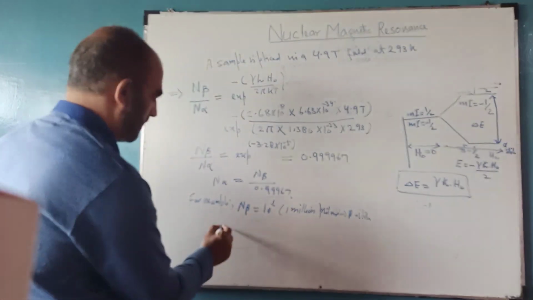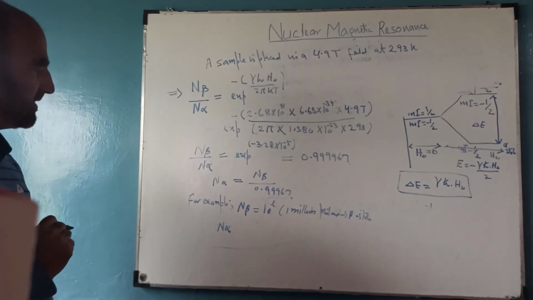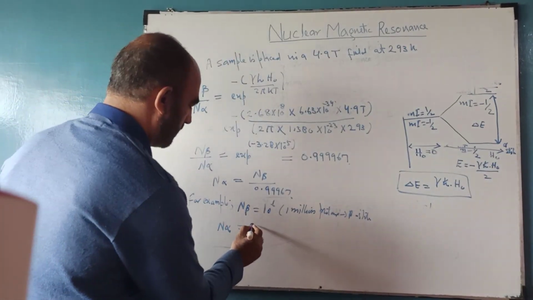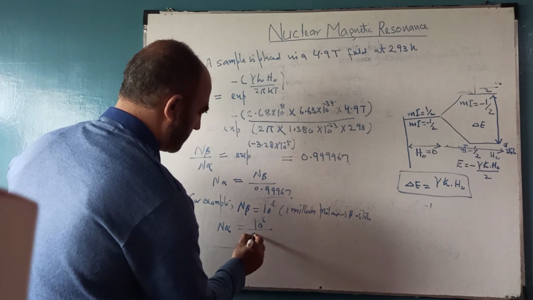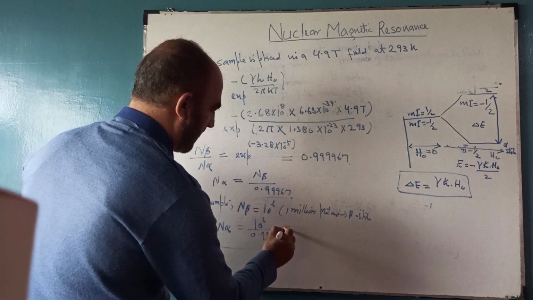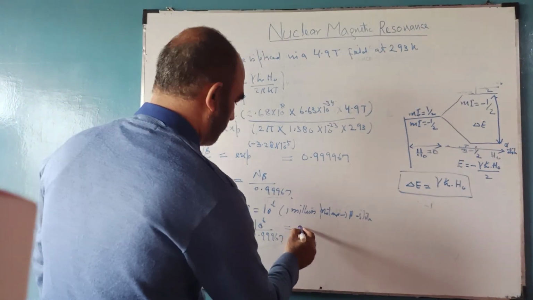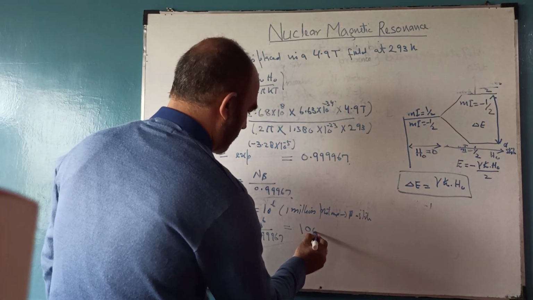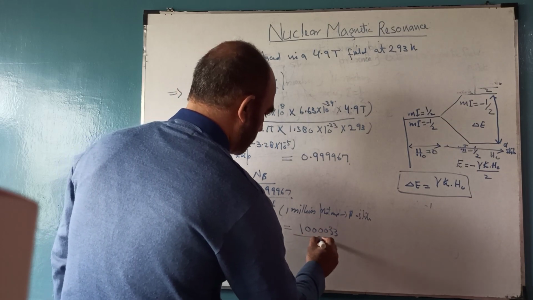The number of protons occupying the alpha state will be 10 raised to power 6 divided by 0.99967, and if we solve it, it comes to be 1,000,033.